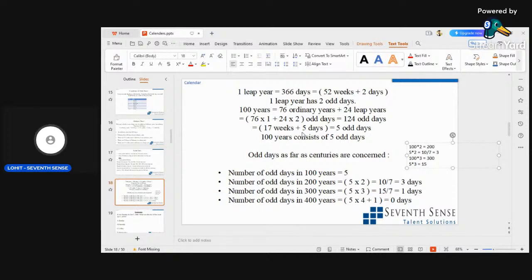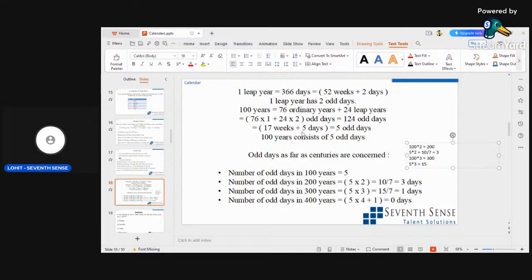Because from 0 to 400, if you are calculating, the 400th year is a leap year. As I told you, a 400 century year is a leap year, right? 21 divided by 7 gives the remainder 0.